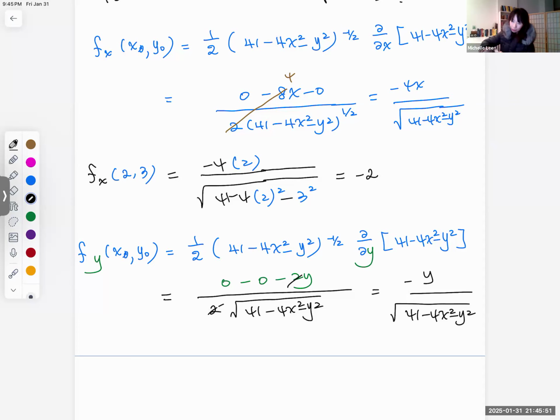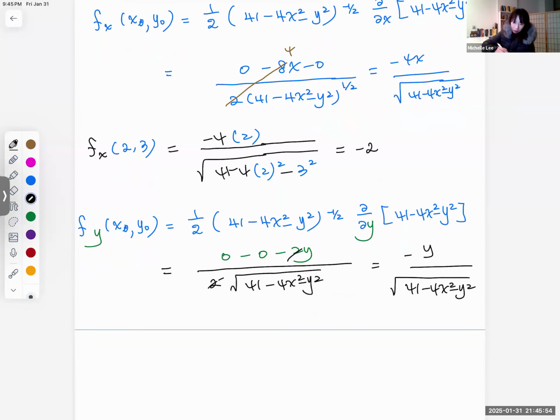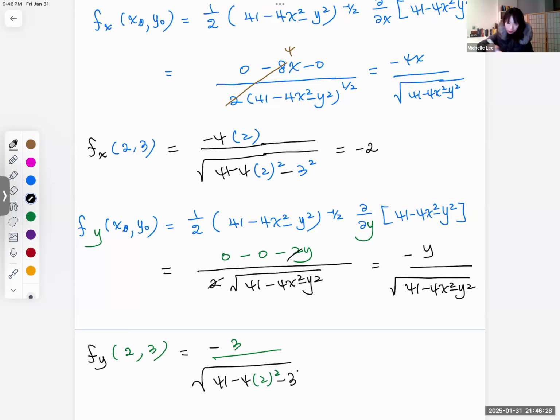Okay, now substitute. So the partial derivative with respect to y when x naught equals 2 and y naught equals 3 is negative 3 over the square root of 41 minus 4 times 2 squared minus 3 squared.